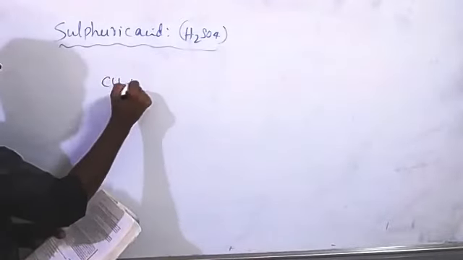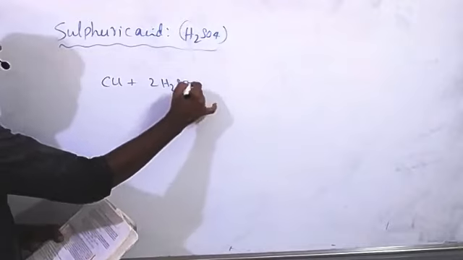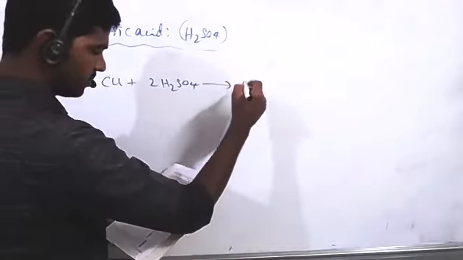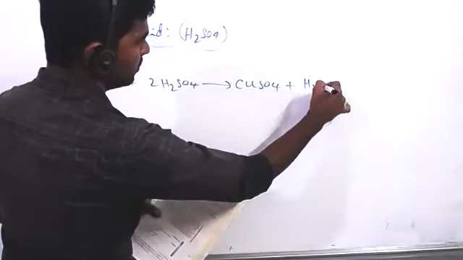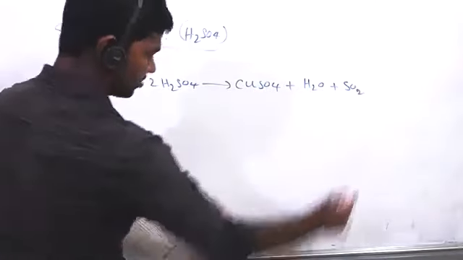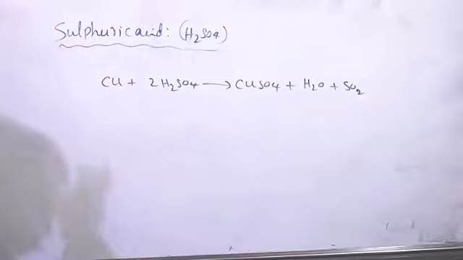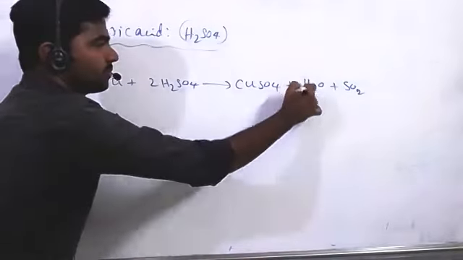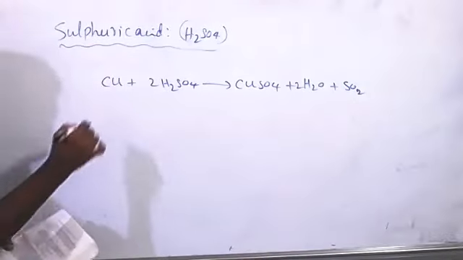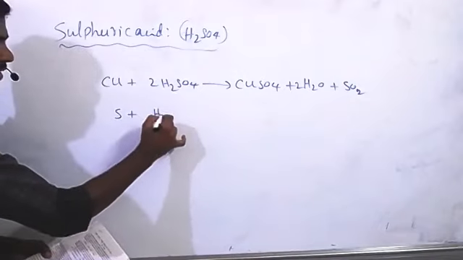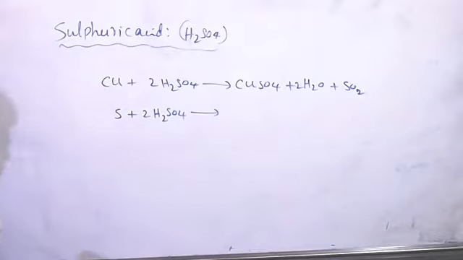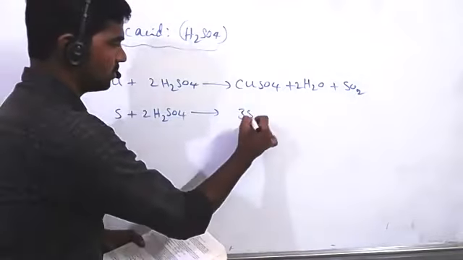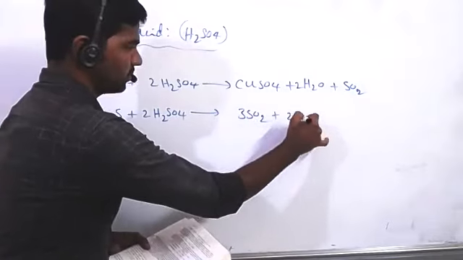You know this reaction: copper plus 2H2SO4 gives copper sulfate, sulfur dioxide, and 2H2O. Sulfur treated with sulfuric acid produces sulfur dioxide and 2H2O.